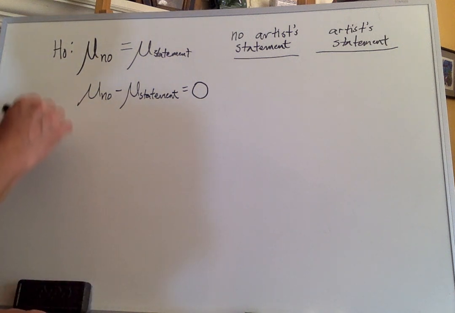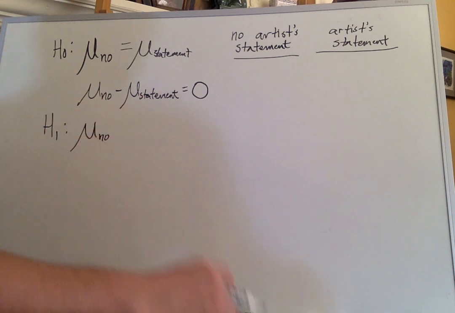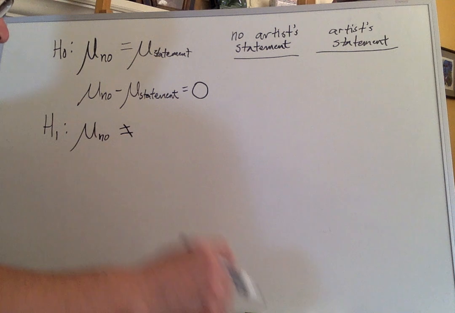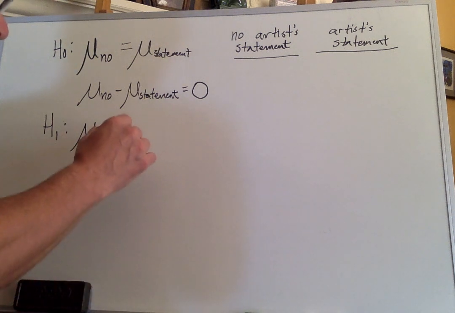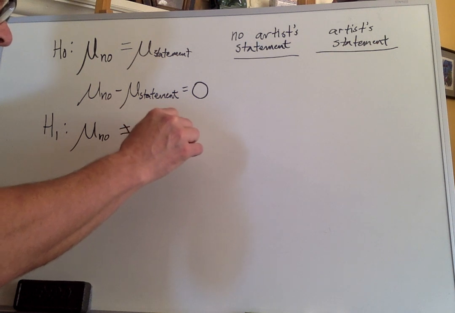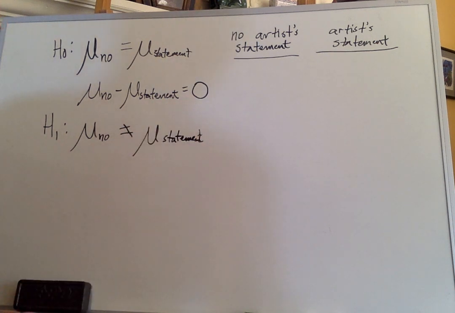Now the alternative hypothesis then would be that the group that doesn't get the artist statement will be different from, that is not equal to, the group that reads the artist statement. Okay?